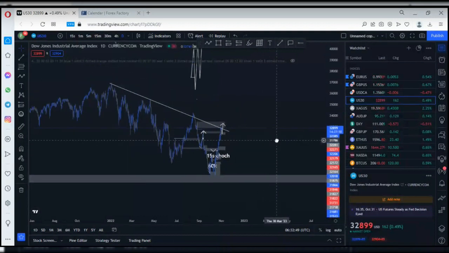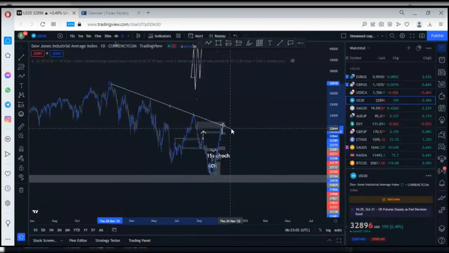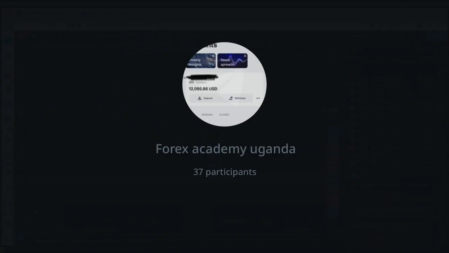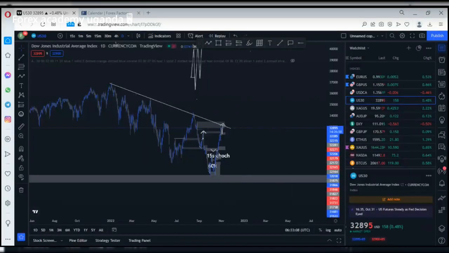We never know, but we are going to be selling US30. But it can also break this line. Let's wait and see. All right, thank you.